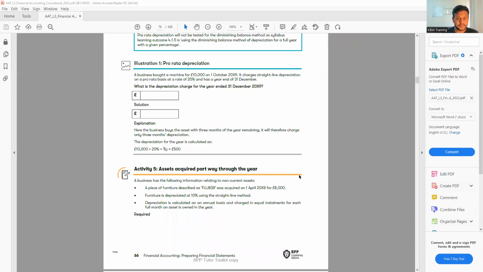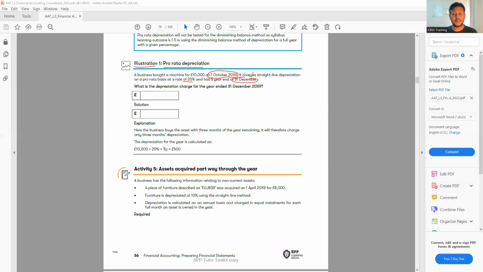So we have one example. Let's have a look at this example. It's illustration 1, pro rata depreciation. A business bought a machine for 10,000 on the 1st of October. So this is the date we purchased that machine. It charged straight line depreciation on a pro rata basis at 20%, and the year end is December.